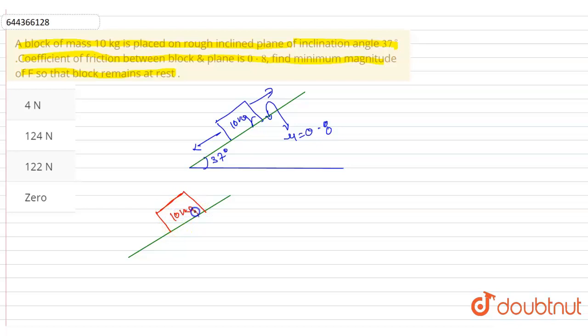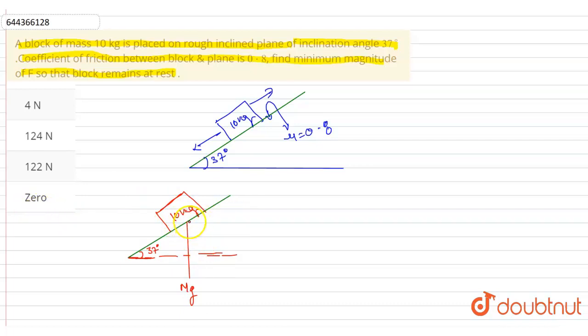Let's say this is the block of 10 kg. And the angle of inclination is 37 degree. So the first force acting is mg. So let me draw it. mg. So we have to resolve these forces along the plane and perpendicular to the plane.